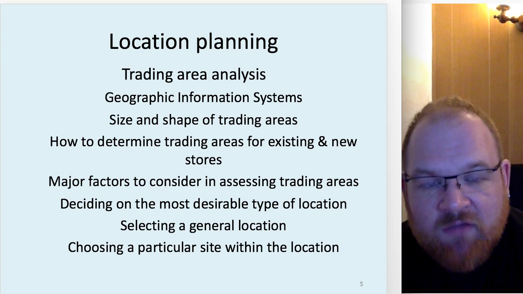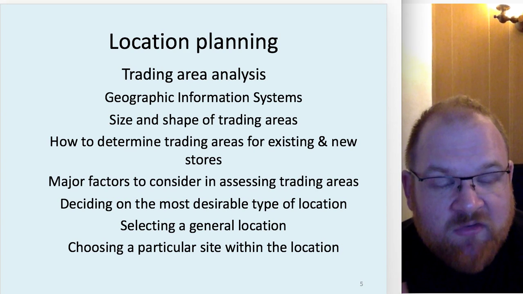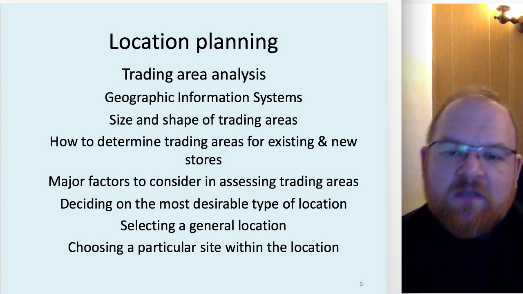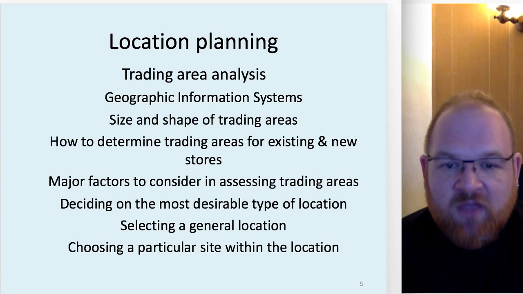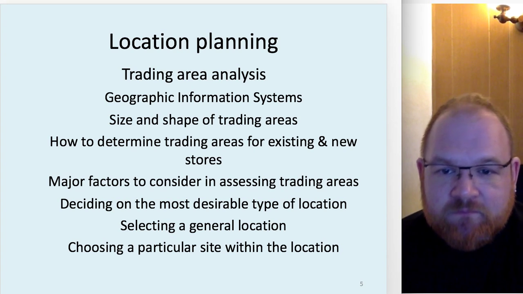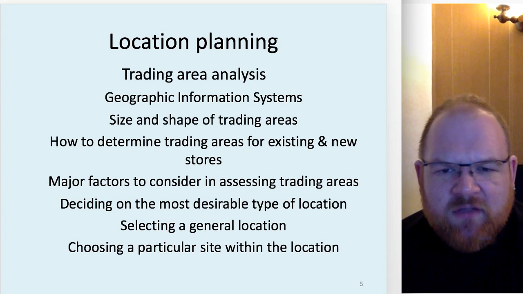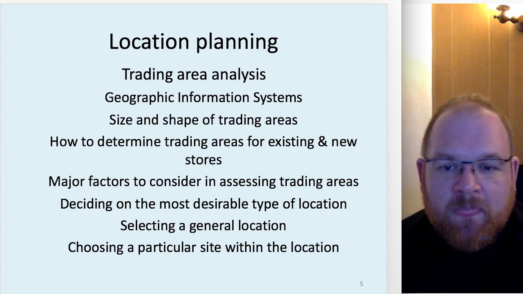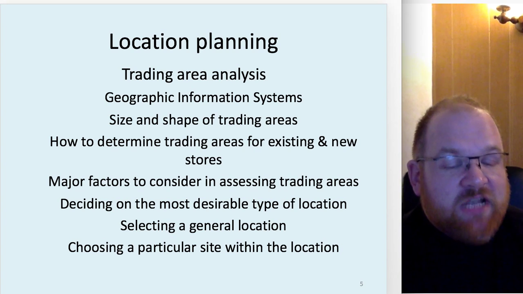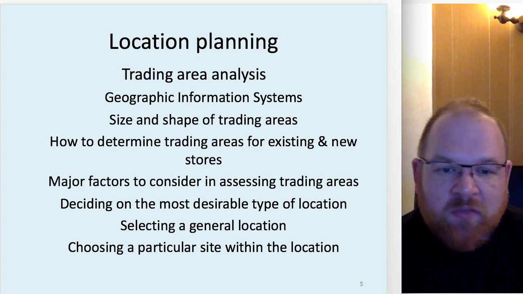Looking at what geographic information systems are out there, so what information is out there in terms of who's where. Looking at how you can determine the size and shape of trading areas. Looking at entering a market where there may be existing stores. Looking at some major factors, and in general thinking about the positives and negatives of a particular organisation.